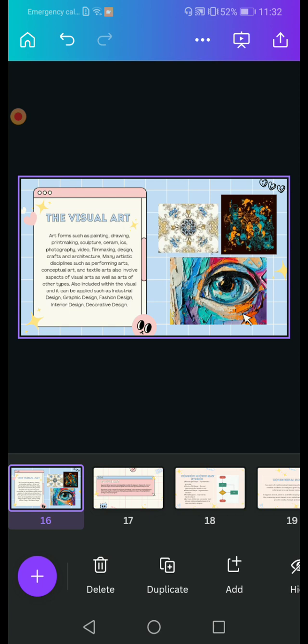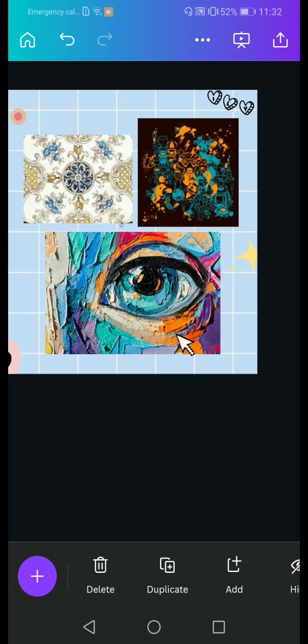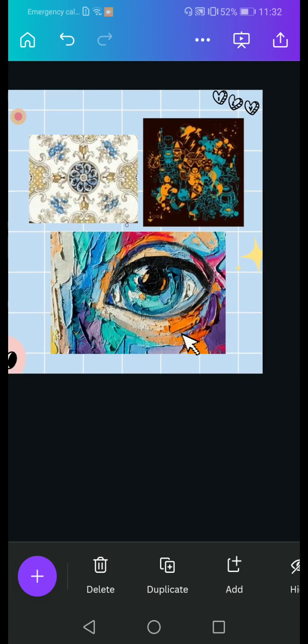Many artistic disciplines such as performing arts, conceptual art, and textile arts also involve aspects of visual arts as well as arts of other types. Also included within the visual arts are applied arts such as industrial design, graphic design, fashion design, interior design, and decorative design. And these are those examples.